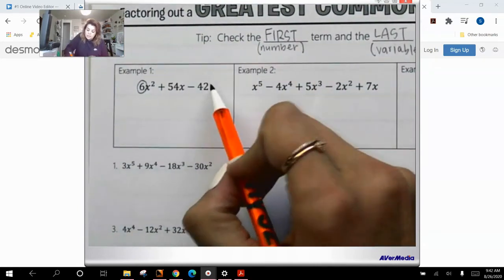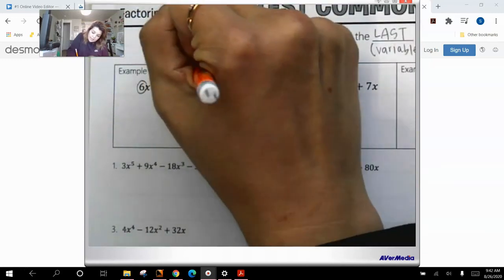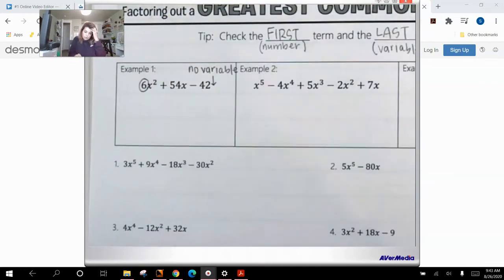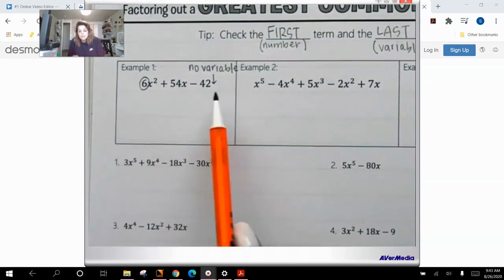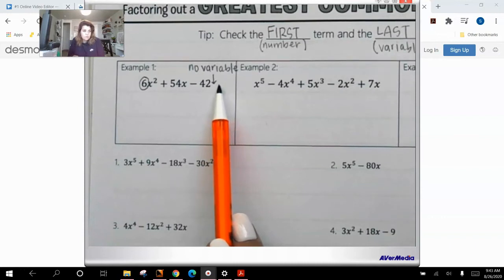I look at the last term, there is no variable. So we're not going to take any x's out, and I want you to mark that. The last term has no x's, so we cannot take a letter out.